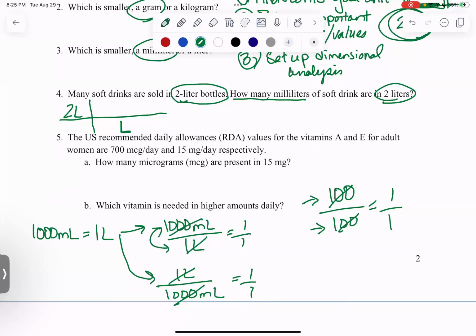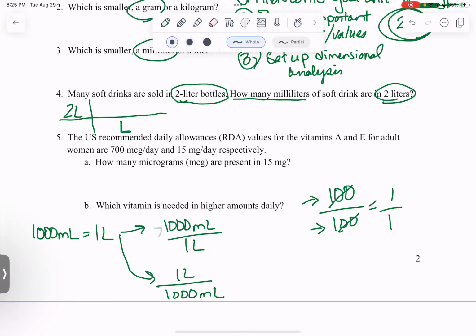In this case, we want to get rid of our liters. That is why over here we put liters on the bottom. Because liters are on the bottom, what do we want on the top? We want the new unit that we're going to introduce, which is milliliters.